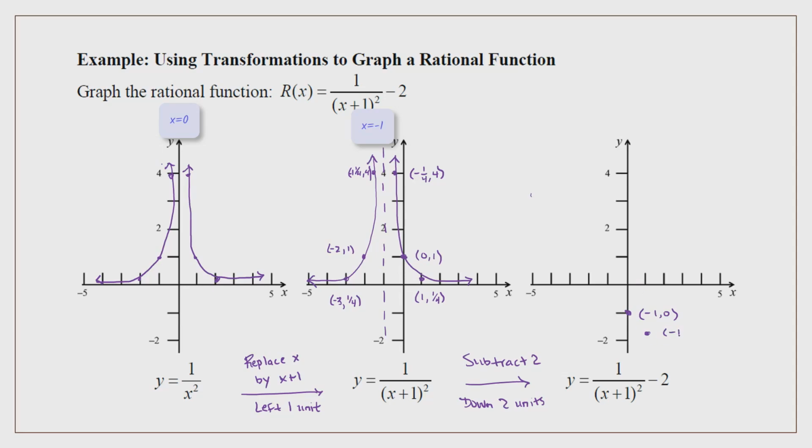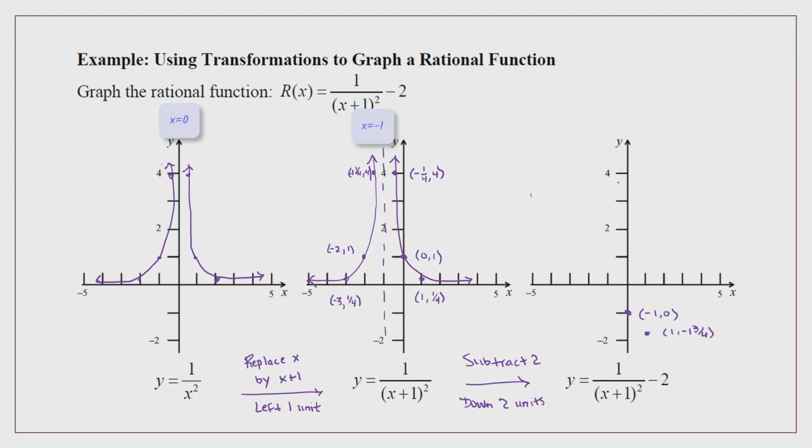Oh, nope, that's for the y, not for the x. The x stays the same. It's only affecting our y. I wrote that in the wrong spot. So we have 1 and negative 1 3/4. There we go.